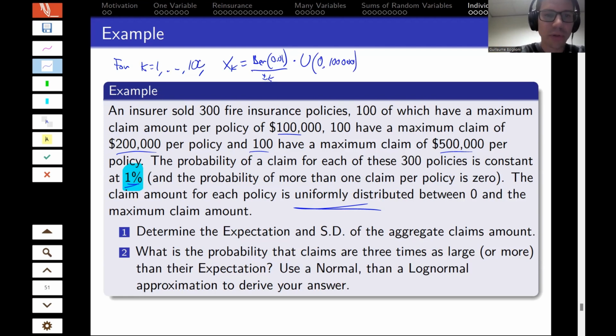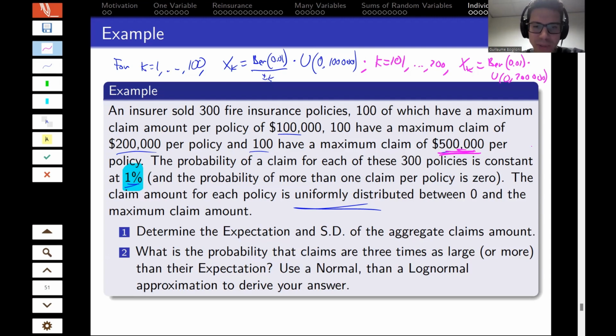Then for k equals 101 to 200, X_k is still a Bernoulli, the chance of a positive claim is still 1%, but now it's times a uniform between 0 and 200K. And the last 100 would be the same thing, but with a uniform that has a max of 500K.